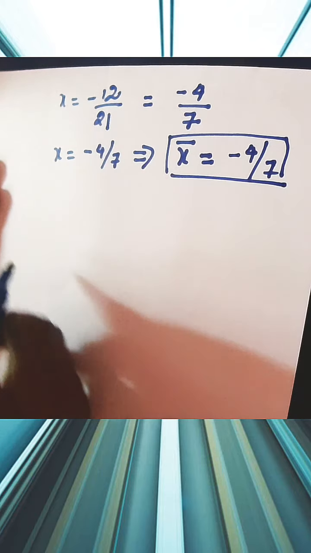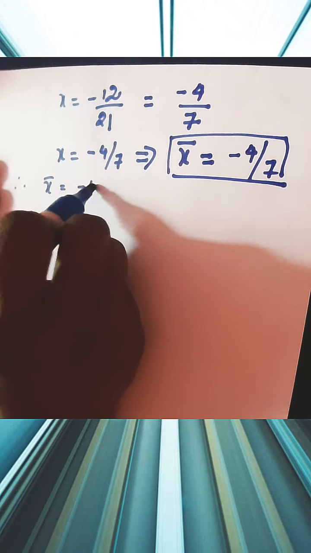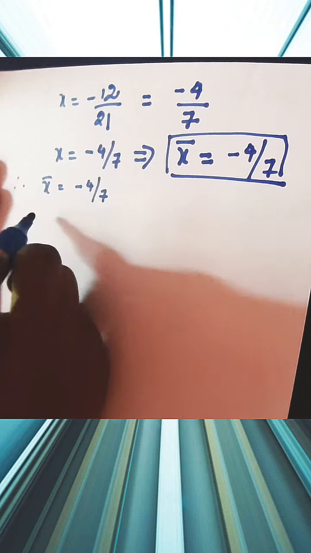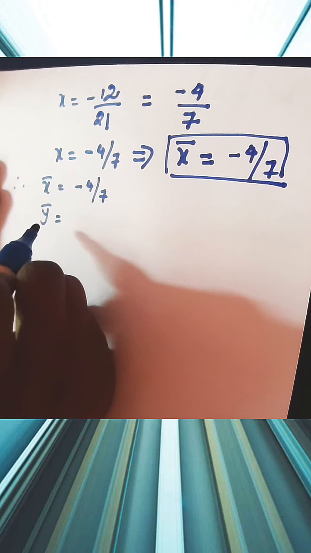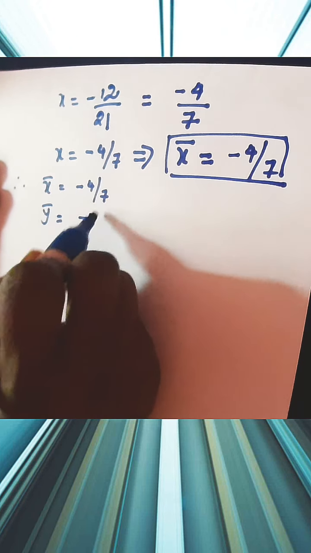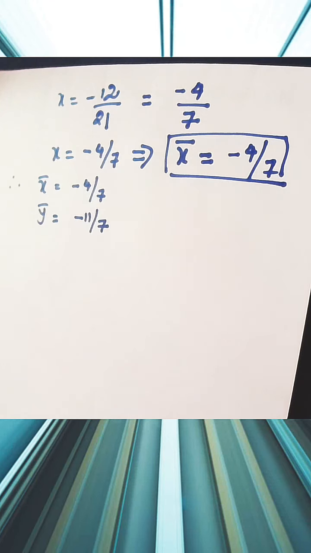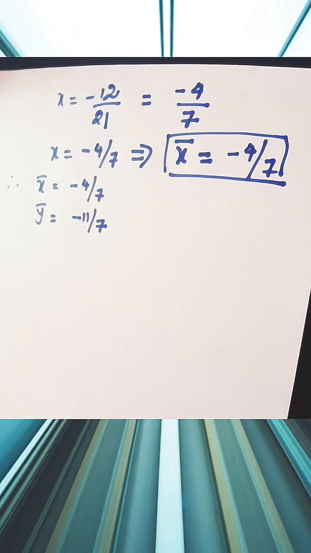We got the first answer. And y bar is negative 11 by 7. This is how we get the arithmetic mean of the x and y variables.